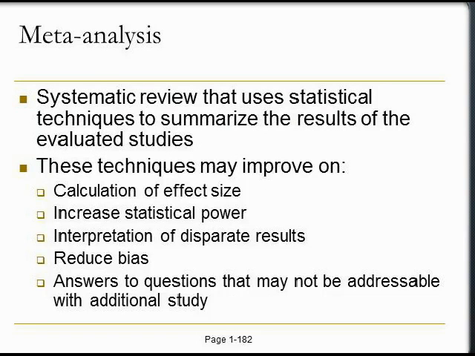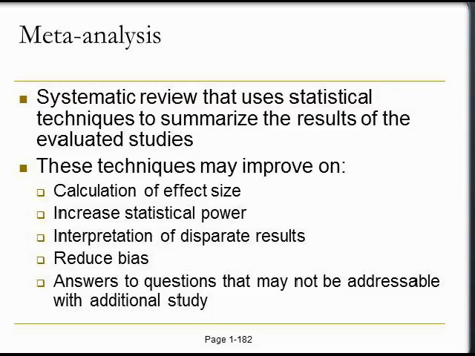So meta-analyses, on the other hand, are systematic reviews, okay, that use statistical techniques to summarize and combine the results of the evaluated studies. And these techniques may improve upon a larger effect size, increase power because we're increasing the number of subjects that now we're including in these results.